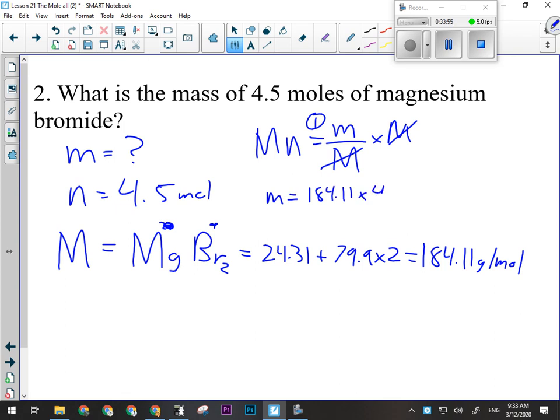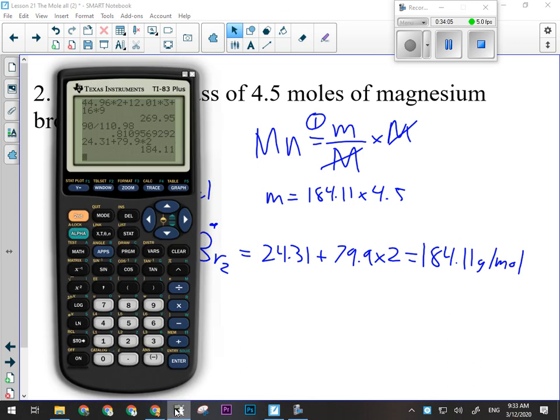184.11 times 4.5. So there's big M and there's n. That's going to get us our mass in grams. 184.11 is the mass of 1 mole, and we have 4.5 moles.